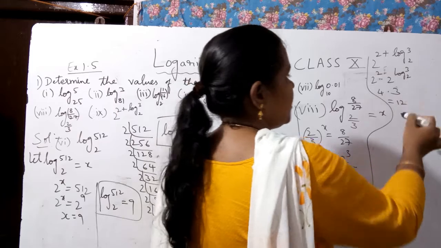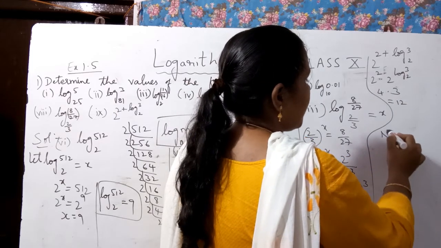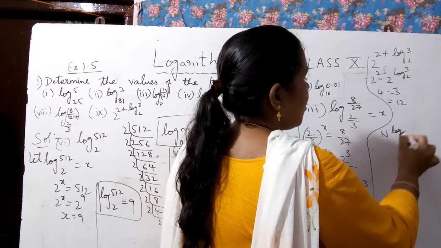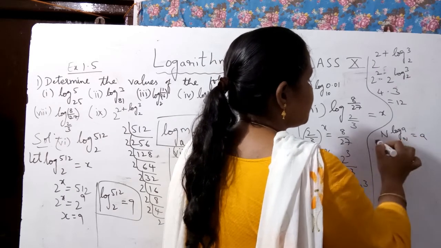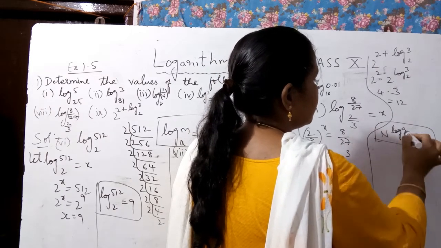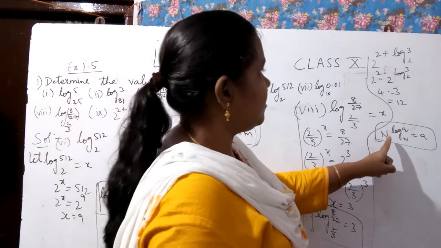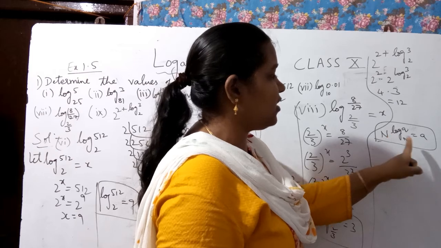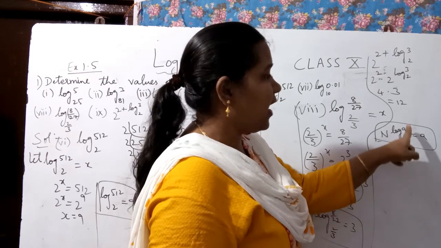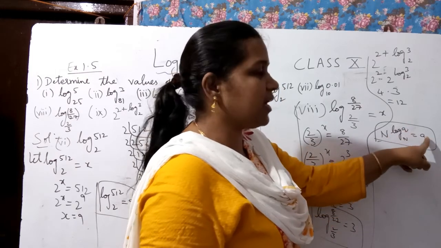Here is how I got 3: you have a formula. Whenever you have n power log a base n, this is equal to a. This is a formula which you have, remember it. Here you have n, and here you have some number, then you will get the same number.